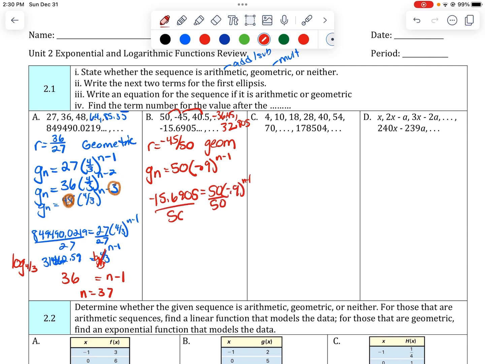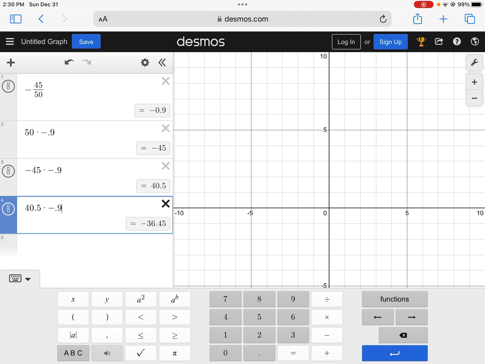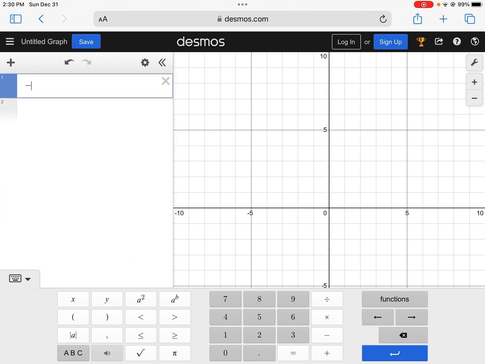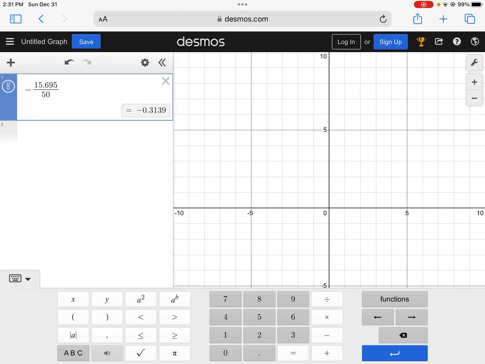So let's divide by 50. Negative 15.6905 divided by 50 is negative 0.3139, which equals negative 0.9 to the n minus 1. And now here's the tricky part. We can't do a log with a negative 0.9. So this might be one where we just have to keep multiplying by that negative 0.9 because we can't solve it with that log.